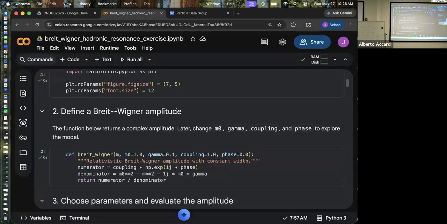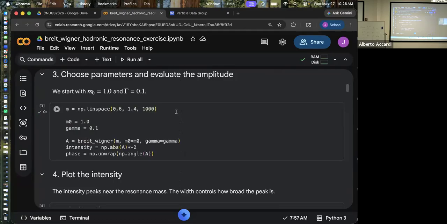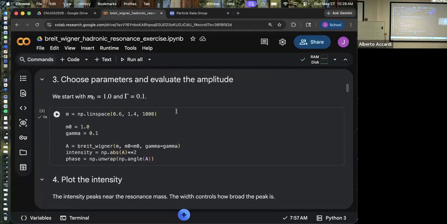And we define this Breit-Wigner function that just returns the thing that was written in that previous equation. And we can choose some parameters. You can pick what the mass and width of this resonance is, and you can assign those.